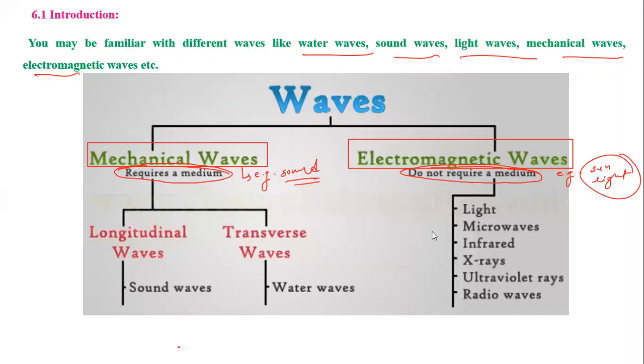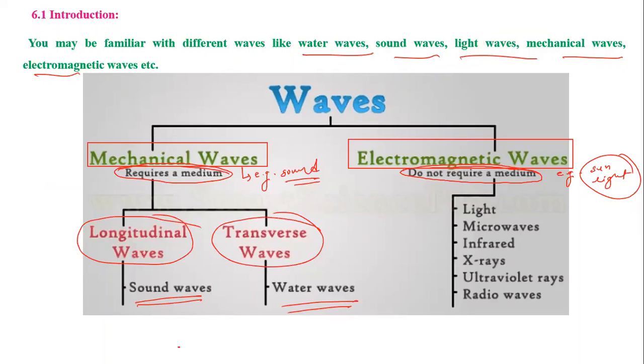Now after that, mechanical wave is classified into longitudinal wave and transverse wave. So basically sound is a longitudinal wave. A transverse wave is, for example, the wave set up in a rope when we tie a rope at one end and move it up and down.